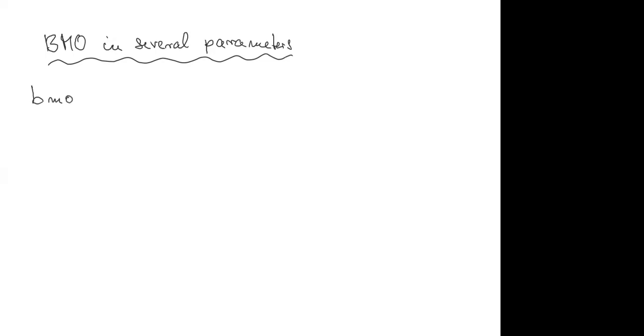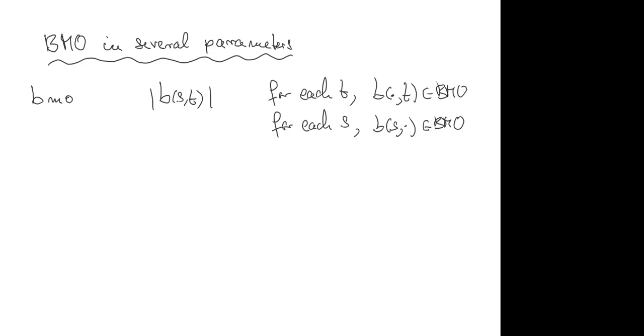And what you do there is, say, you have a function in two parameters, and you say, for each t, b of this, whenever you freeze one variable, the resulting function is in BMO, and you take a uniform bound of all these BMO functions which you get.